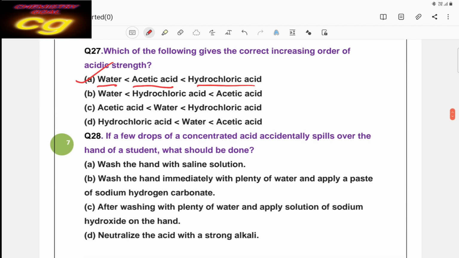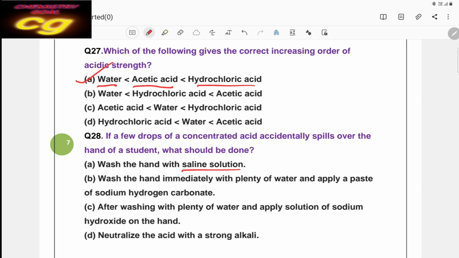A few drops of concentrated acid accidentally spill over the hand of a student. What should be done? If acid is spilled, then we have to wash it, then add a base. Wash the hand with a saline solution? Saline solution is not basic. Wash the hand immediately with plenty of water, then apply a paste of sodium hydrogen carbonate.